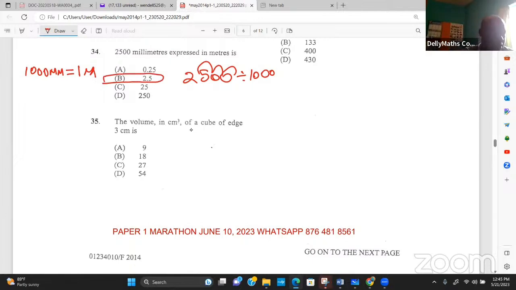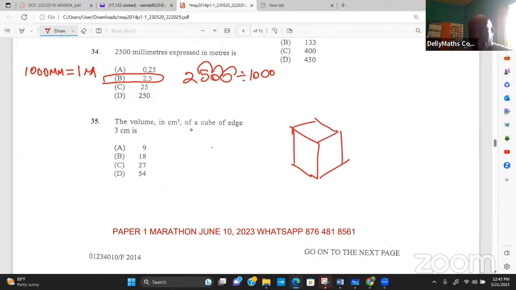Number 35. Let's go. Number 35. One second there. All right, so number 35. The volume in cm cube of a cube of edge 3. Now let's drop our cube right there. Here's my cube, right?